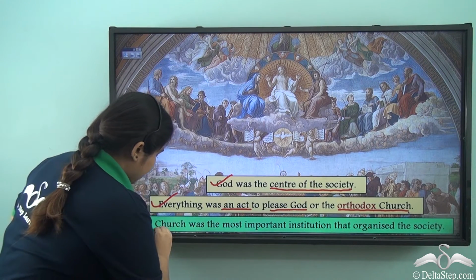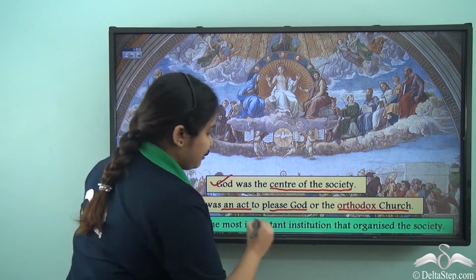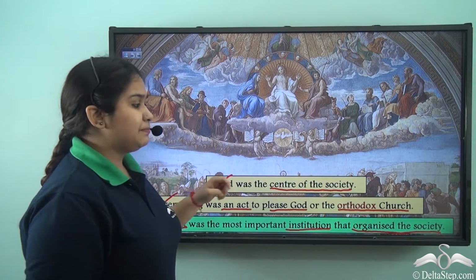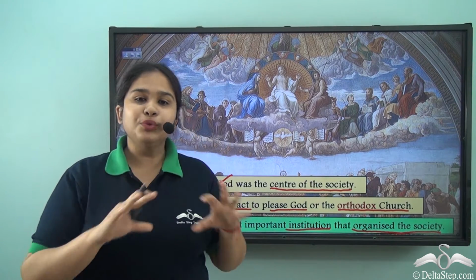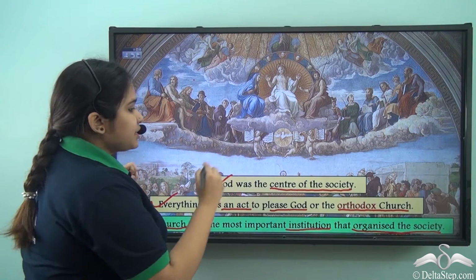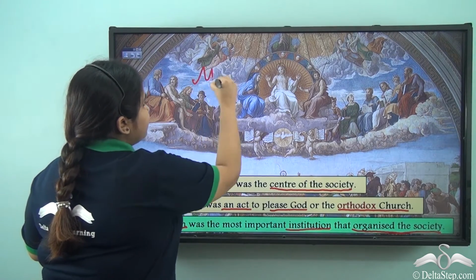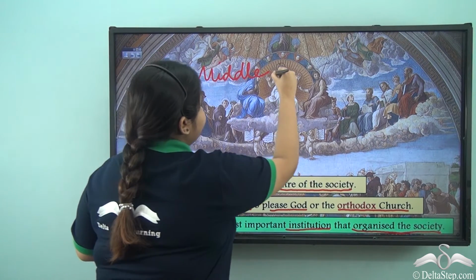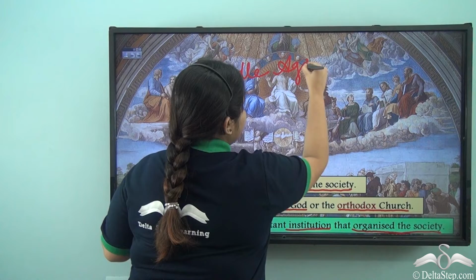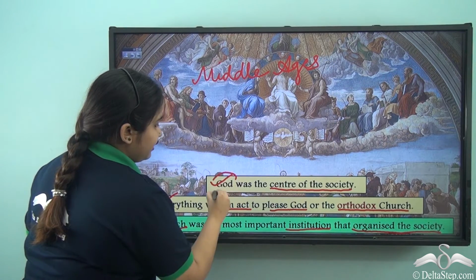So the church therefore is the primary institution, right, that was looking to organize the society. So everything came under the scrutiny of the church. So this was the situation during the Middle Ages, when everything was centered around God.